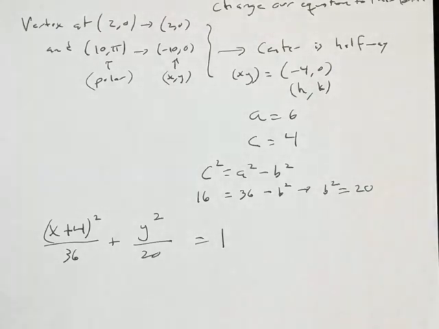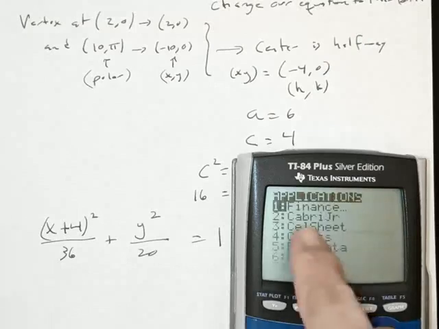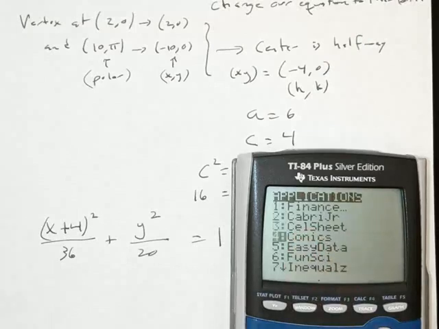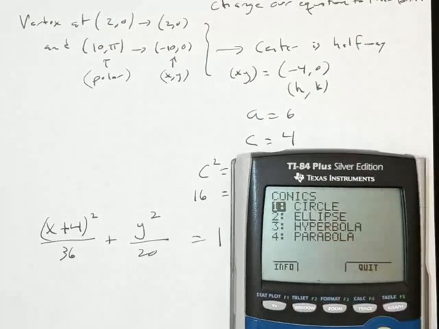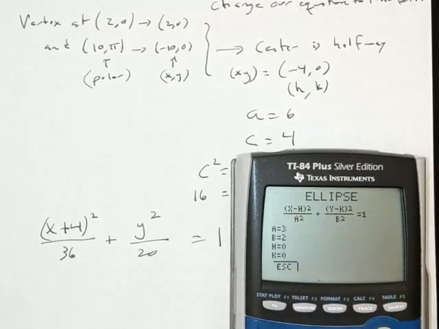Leo, now you can go into the ellipse thing on apps, and you can put in the H, the K, the A, and the B, and you can see if you get the same picture. Ellipse, X minus H, Y minus K, that one.